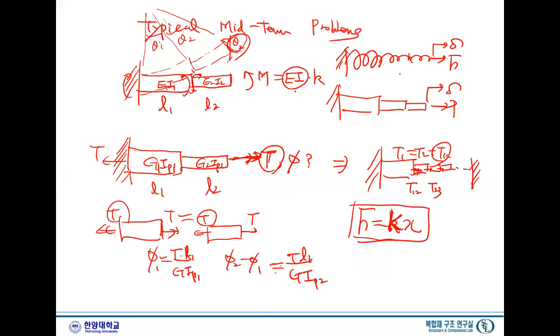See, this is corresponding to K, some stiffness, and this is the deformation. And here, torque is GJ times dphi/dx. I will call this, instead of K, GJ, and the deformation is dtheta/dx.